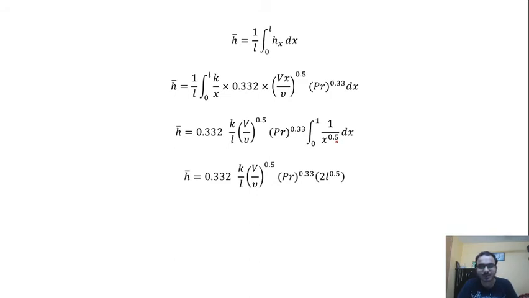And finally after applying integration we are getting this formula and the value of Nu, which we have finally obtained.